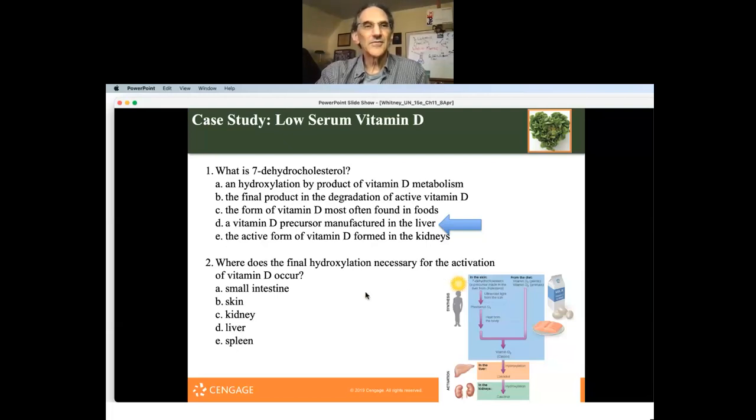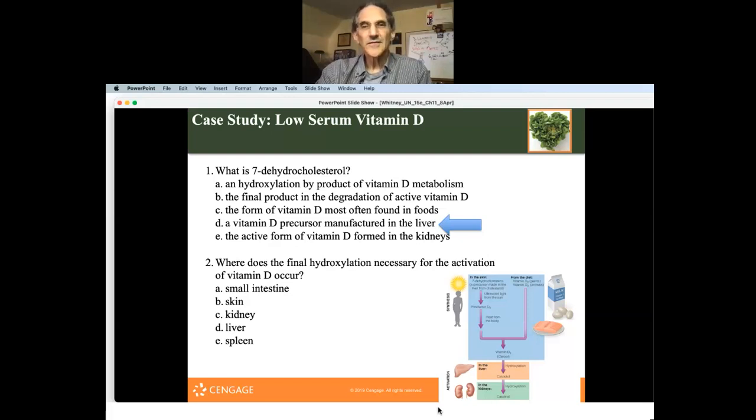It is a vitamin D precursor, and it is formed in the liver. We know the liver is a depository for lipid molecules in the body.